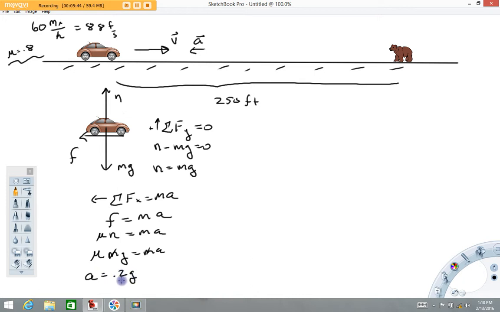I'm sorry, not 0.2, 0.8. It's going to be the frictional coefficient times g. In this problem, we're using 0.8. And because I'm working in units of feet and seconds, I'm going to use 32 feet per second squared for the gravitational acceleration. And I get 25.6 feet per second squared for the acceleration of the car.